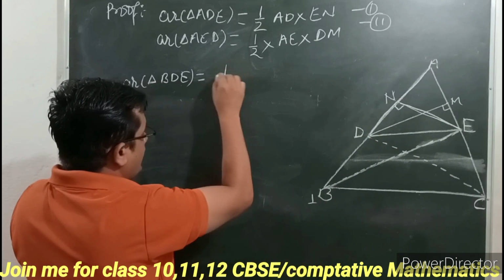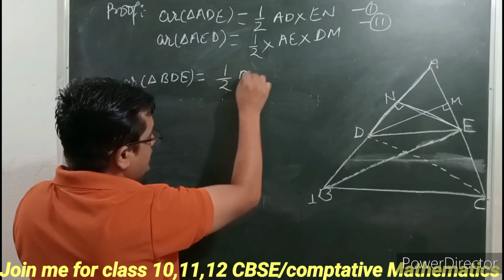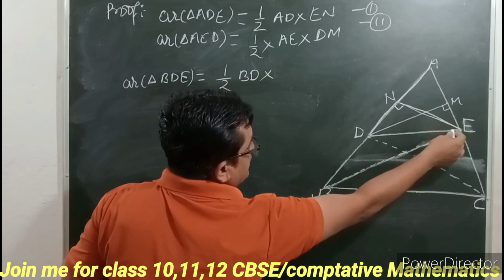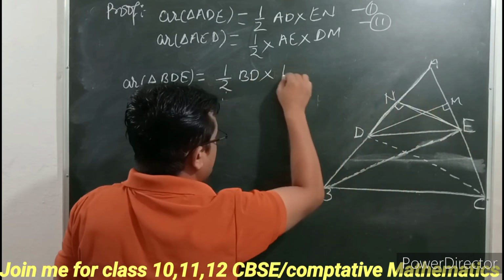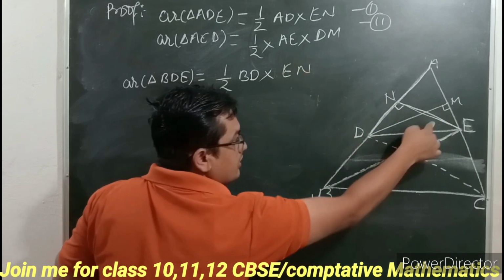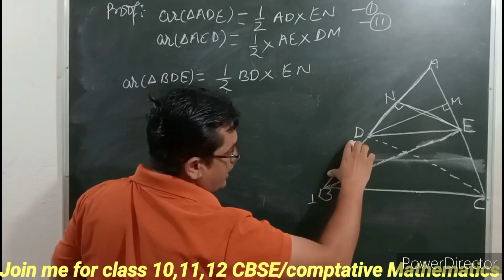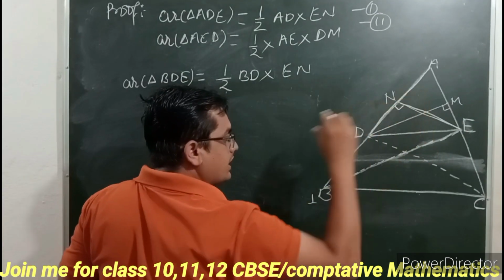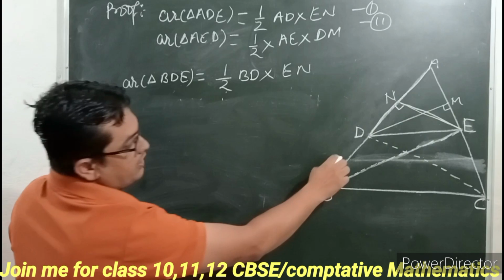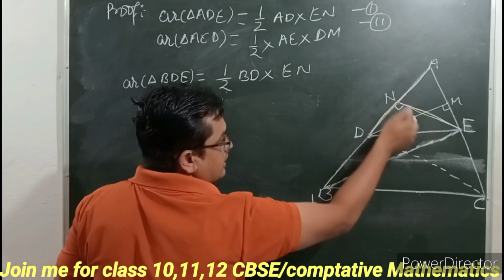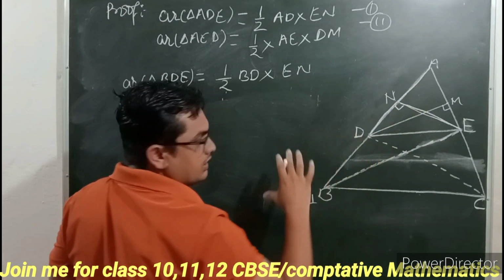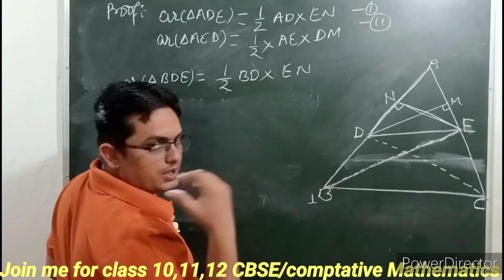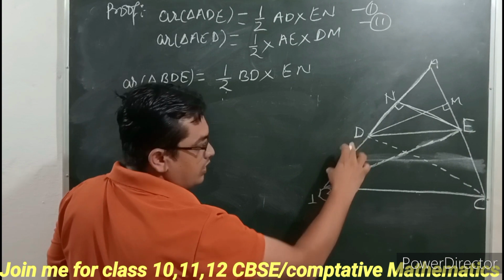So here 1/2 BD into perpendicular EN. If it is perpendicular to AD, it will also be perpendicular to DB because it is perpendicular to the whole AB.